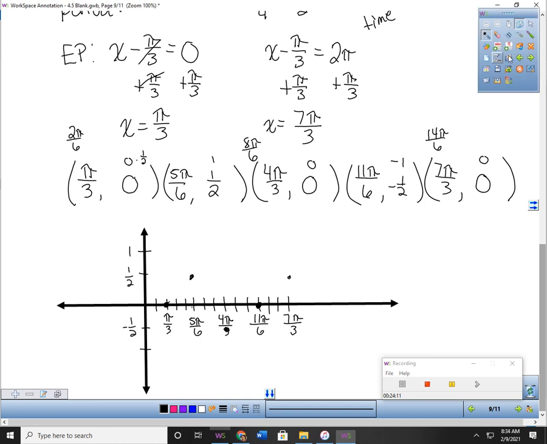Oh, I skipped. Might help if I put my dots in the right spot. I skipped my 0, didn't I? 4 pi over 3, 0. There we go. 11 pi over 6, -1/2. And then 7 pi over 3, 0. Then you just draw that in.